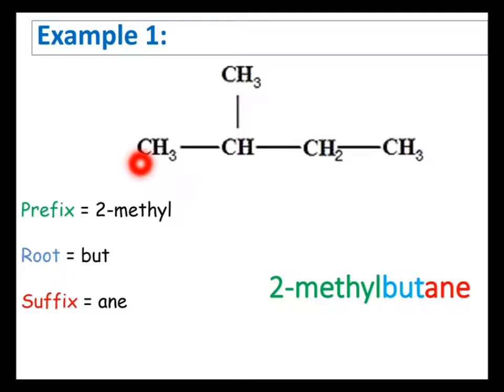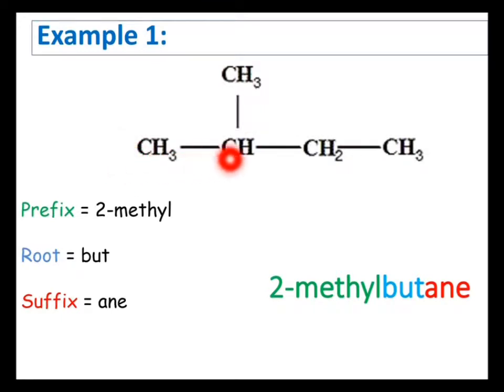When we start counting from here, 1, 2, 3, 4, this is 1 chain. You can also start counting from here, 1, 2, 3, 4. Because our chains in this case have the same number of carbon atoms, we can choose any of them to be our parent chain.